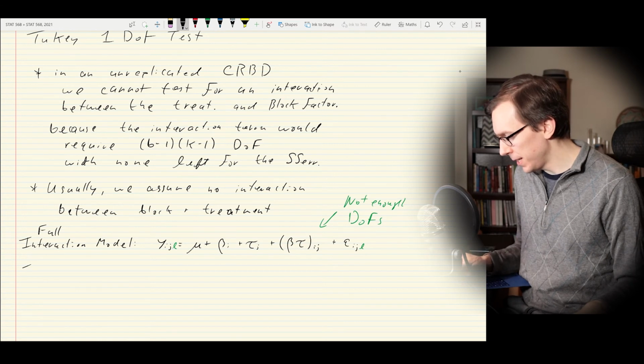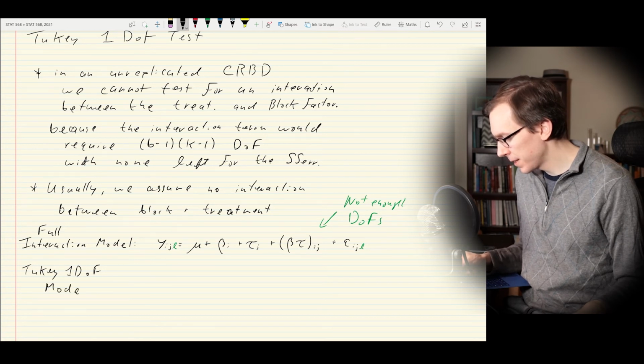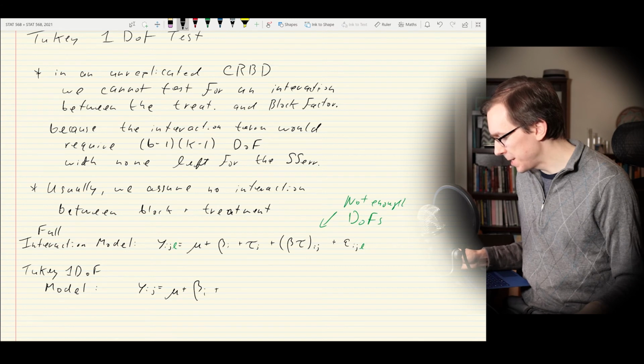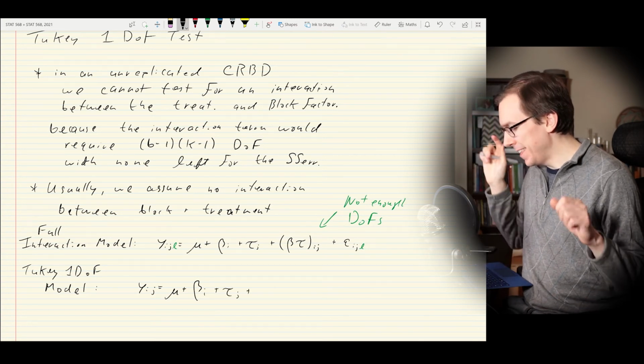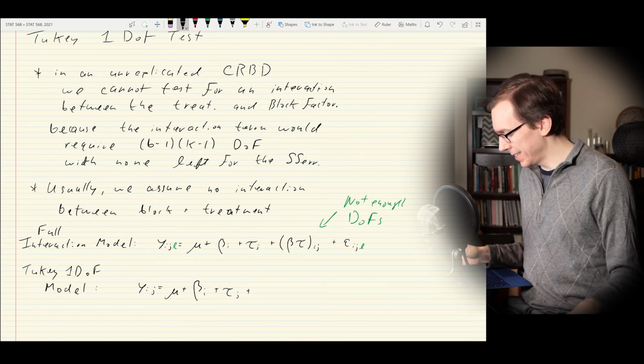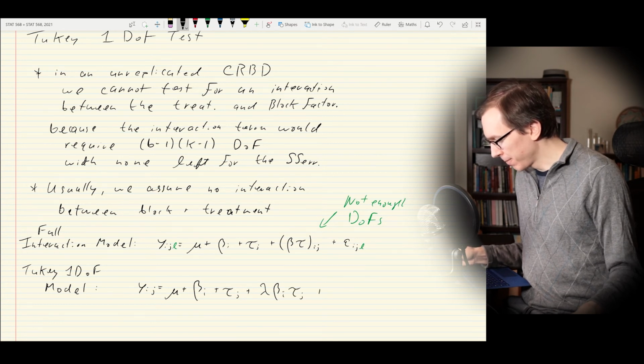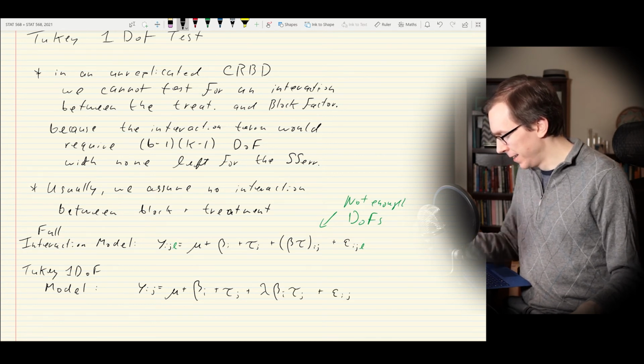But with Tukey's 1 degree of freedom model, what I'm going to do is not replicate. Instead, we're going to add on a very specific interaction term. And the interaction term in this case is going to be a multiplication. It's going to be lambda times beta_i times tau_j plus epsilon_ij.